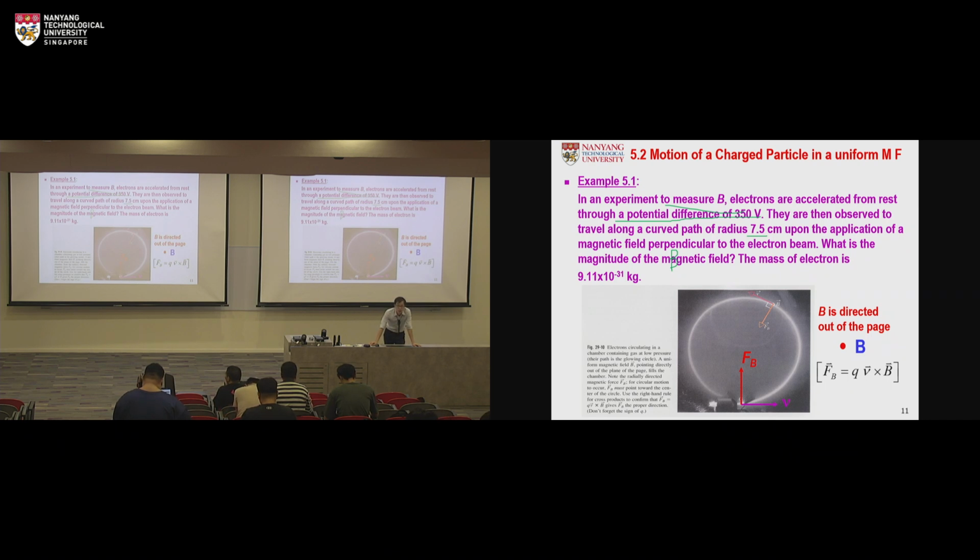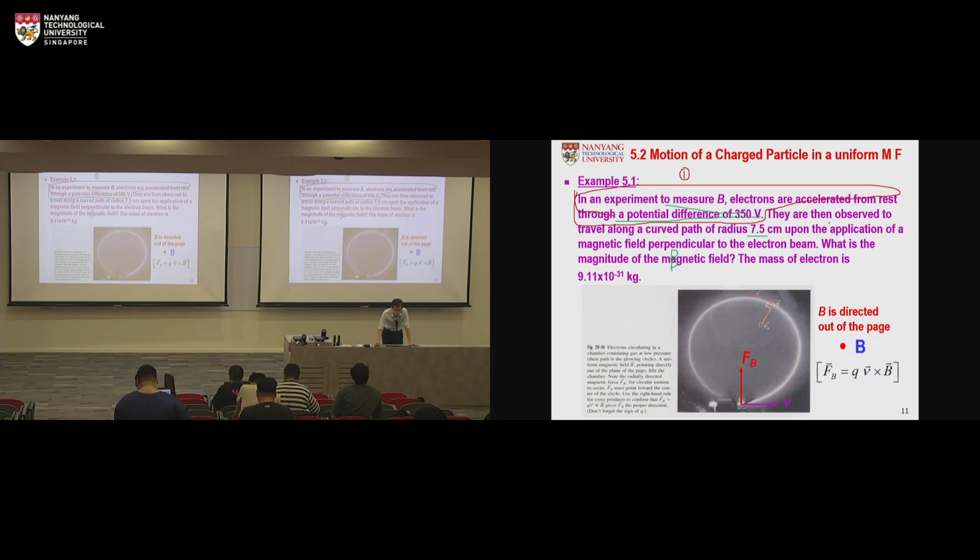Next, for the involved physical processes, we can identify two. This is process 1: electrons are accelerated from rest through a potential difference of this value.